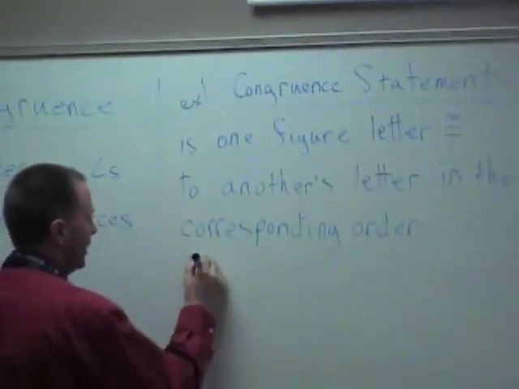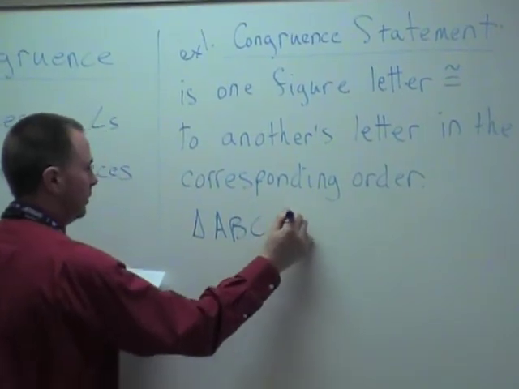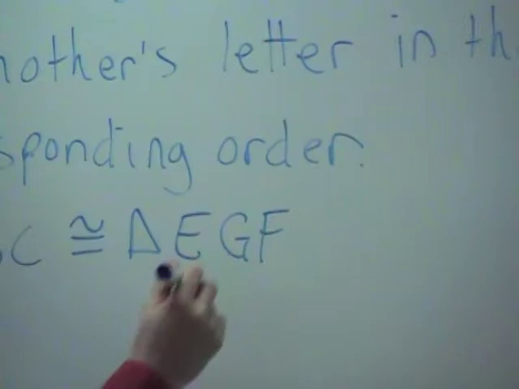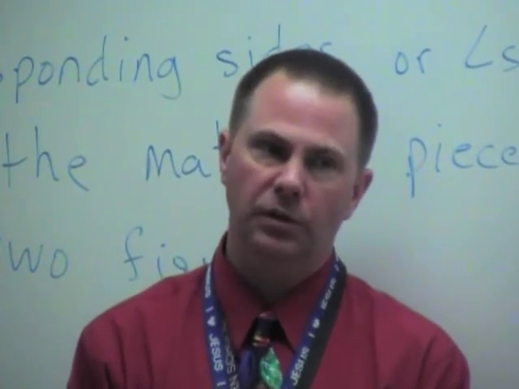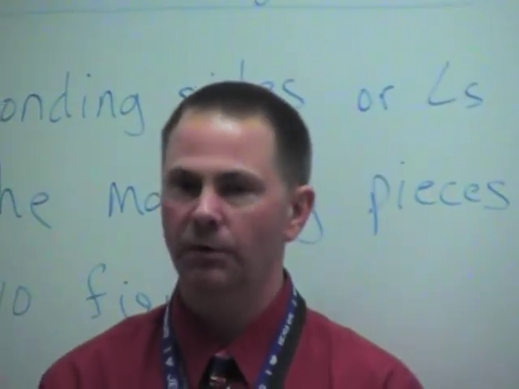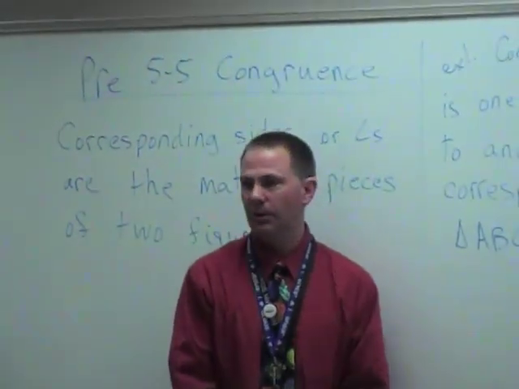So if I say triangle ABC is congruent to triangle EGF, the order of how I wrote those tells you what pieces are corresponding to each other, what vertices are corresponding. It tells you everything you need. That's why the order is important.